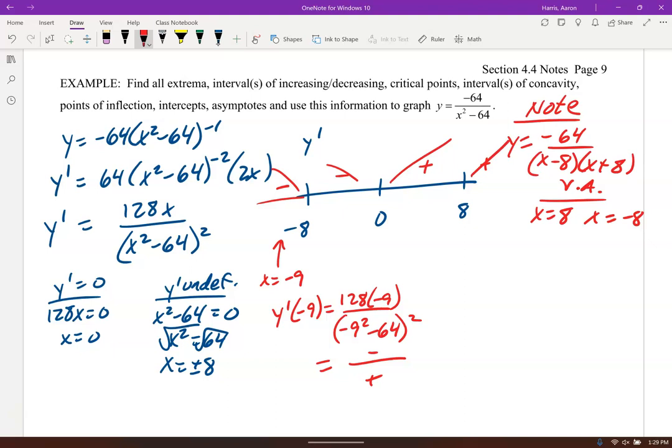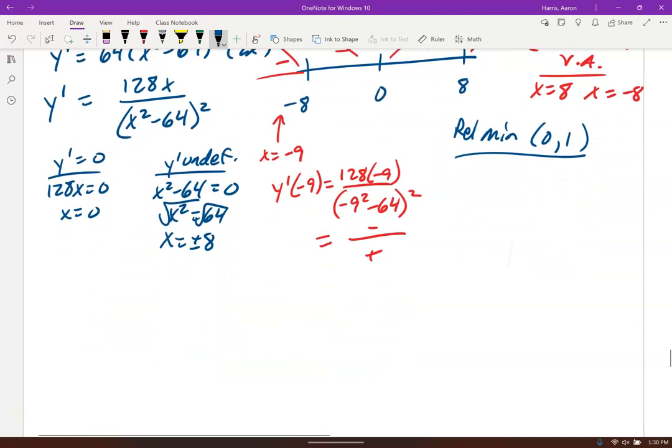And so I'll have a relative min at 0. Plug it into the original. So I have negative 64 over 0 squared minus 64. Negative 64 over negative 64 looks like I got 1. So I have a relative min at (0, 1). I do not have any relative max.